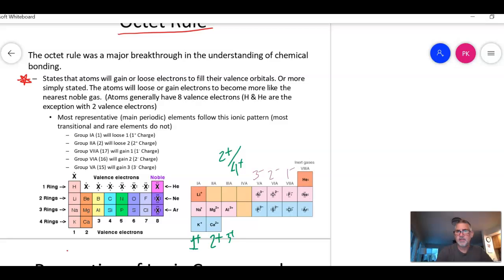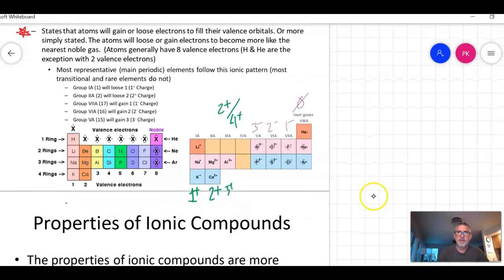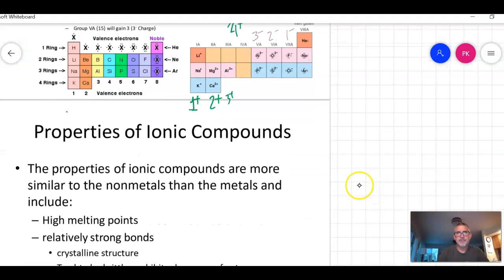And the halogens will be 1 negative because they'll have to gain 1 to be like their nearest noble gas. The noble gases are already full, so they're not going to gain or lose anything. So that's the way we look at that.